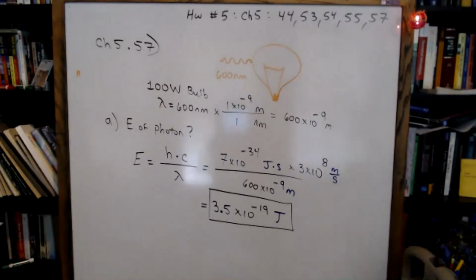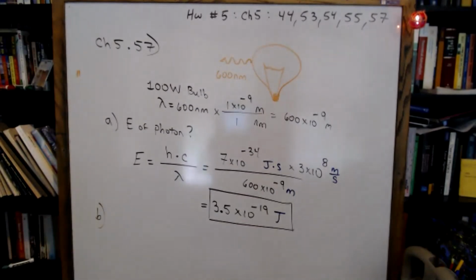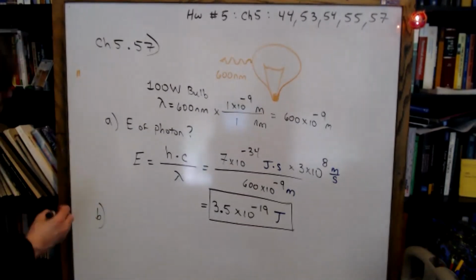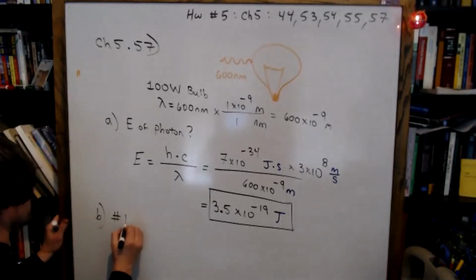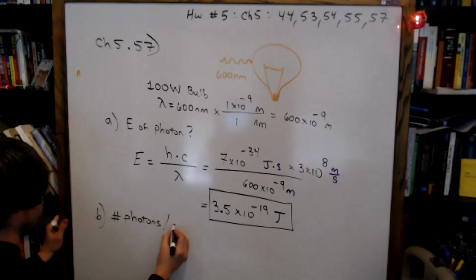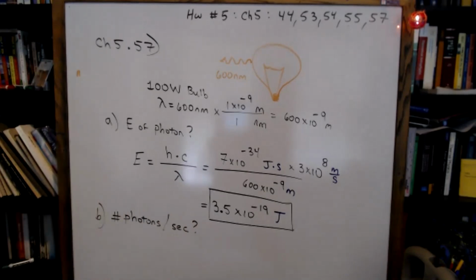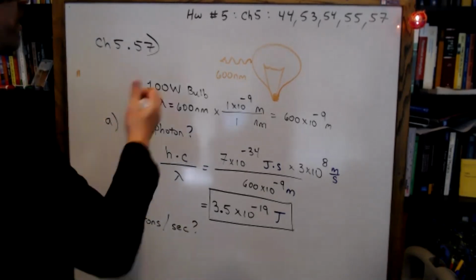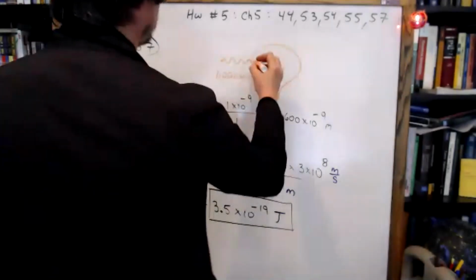Part B. It says how many 600 nanometer photons would have been emitted each second to account for all the light from a 100-watt light bulb? That is, they want to know how many photons per second are leaving the bulb. Now, we know the energy of the bulb. We know it's 100 watts.